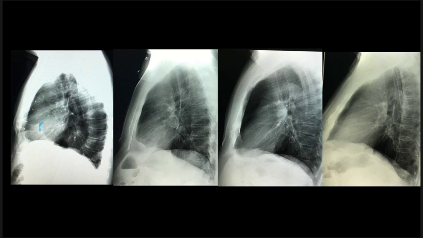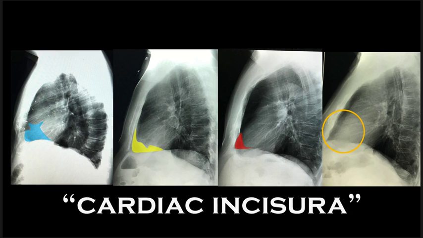It can be big, like this. It can be medium-sized, like this. It can be small, like that one, or sometimes you don't see one at all. But that's not a pneumonia.